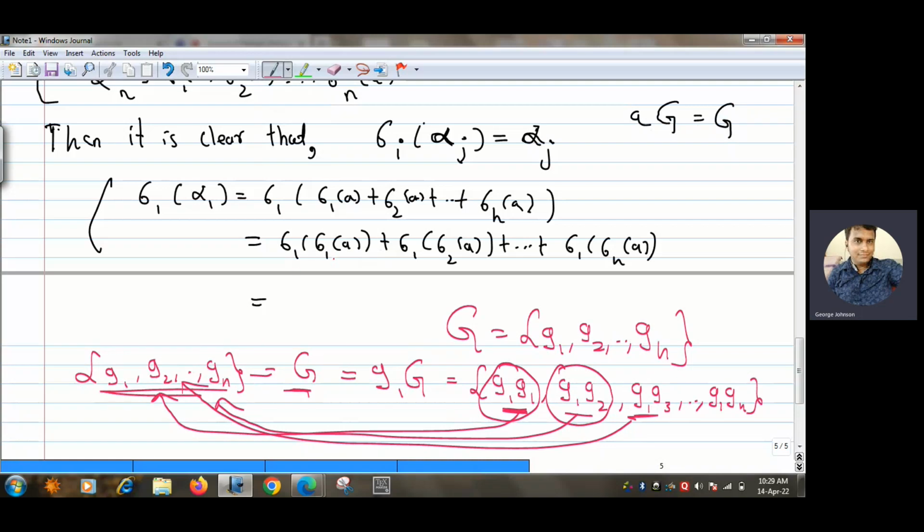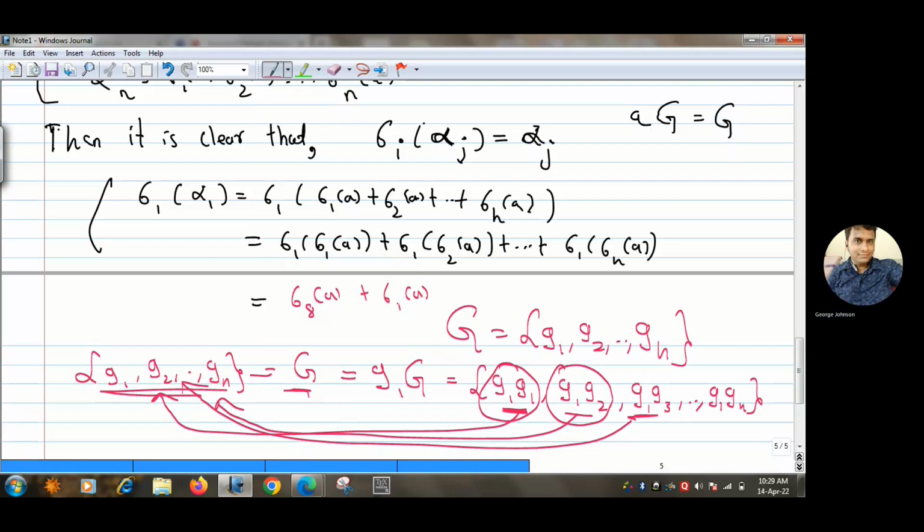So sigma 1 into sigma 1 is again an element of H only, but we don't know which element. Maybe it is sigma 8 of a, and maybe this is sigma 1 of a, and so on.